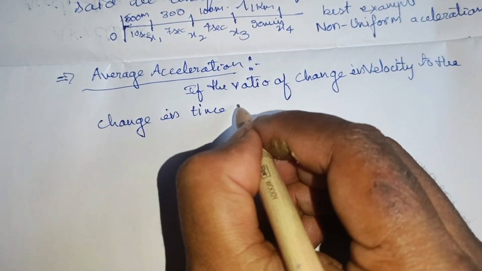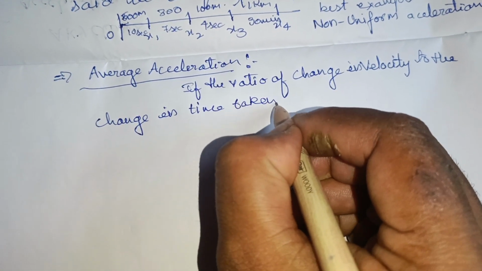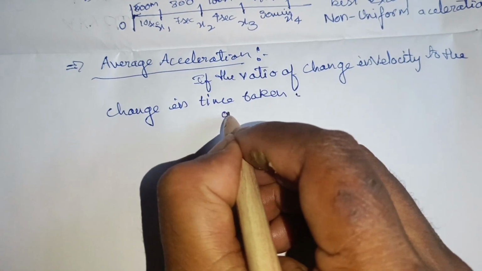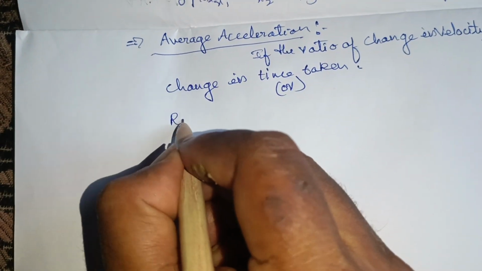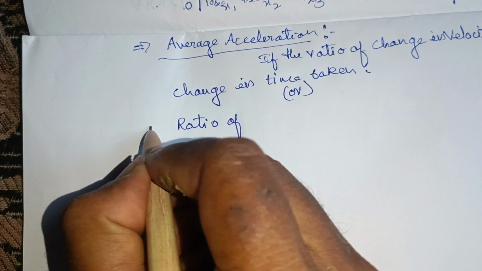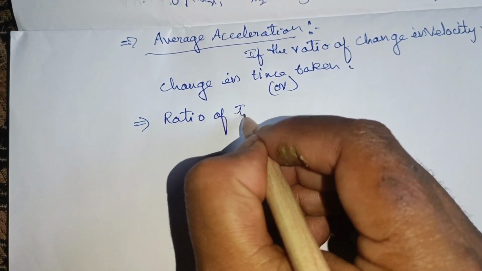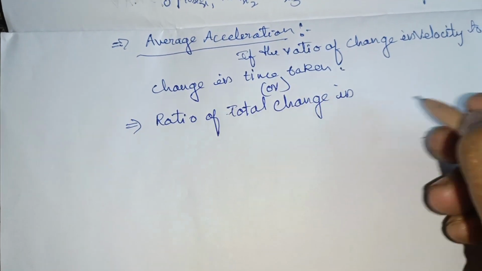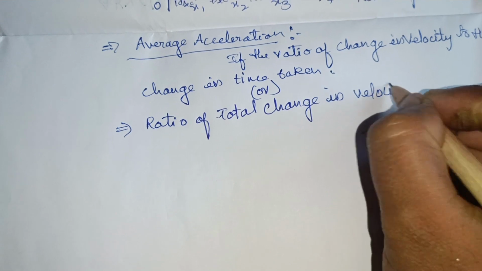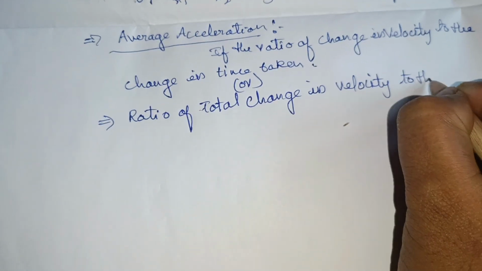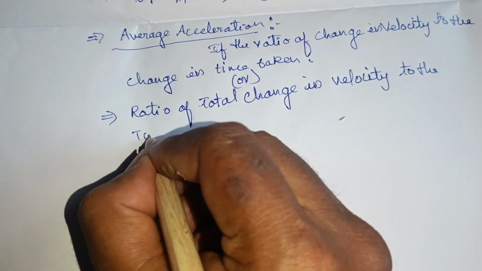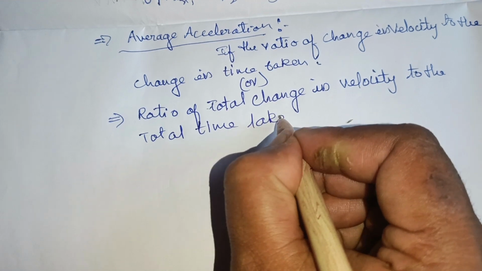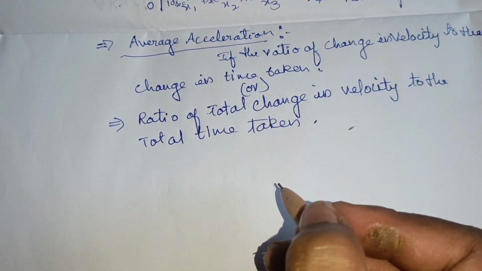Or, in other words, the ratio of total change in velocity to the total time taken is said to be the average acceleration.